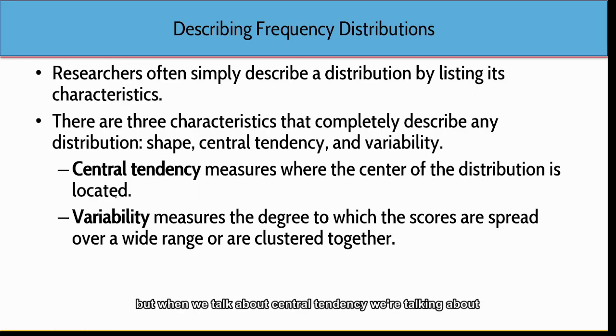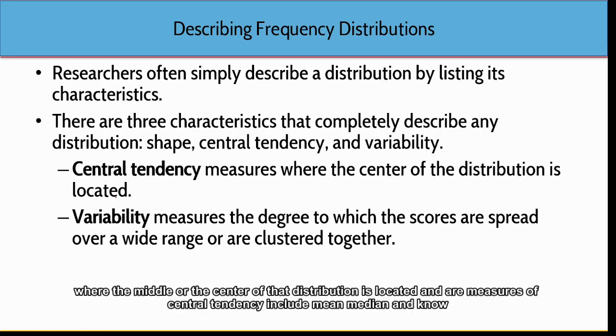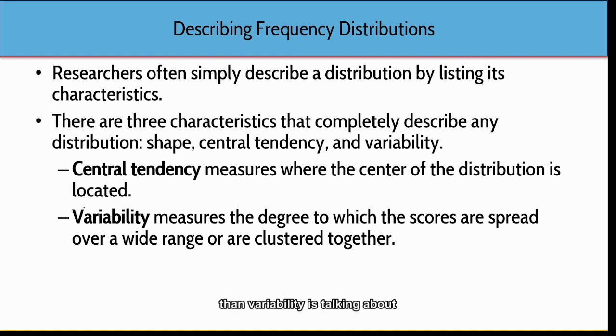When we talk about central tendency, we're talking about where the middle or the center of that distribution is located. And our measures of central tendency include mean, median, and mode. Then variability is talking about how well the scores are clustered around one another or how well they are spread out over a wide range.